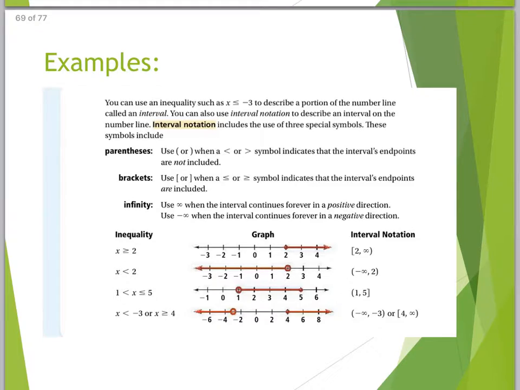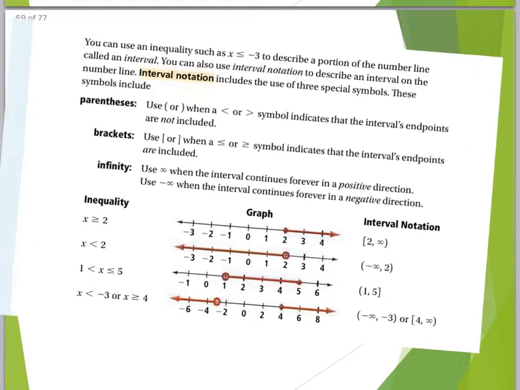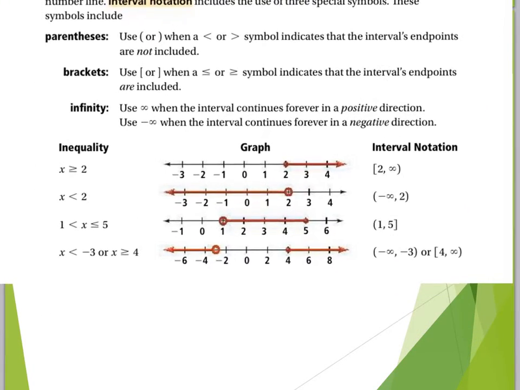Examples for that, again, interval notation, would look like this. If I say x is greater than or equal to 2, that's the filled in dot heading to the right. Another way to write it in interval notation: the filled in dot means I use a bracket. It goes on forever to the right, so I use infinity. Infinity never gets a bracket because it doesn't end, it gets parentheses.